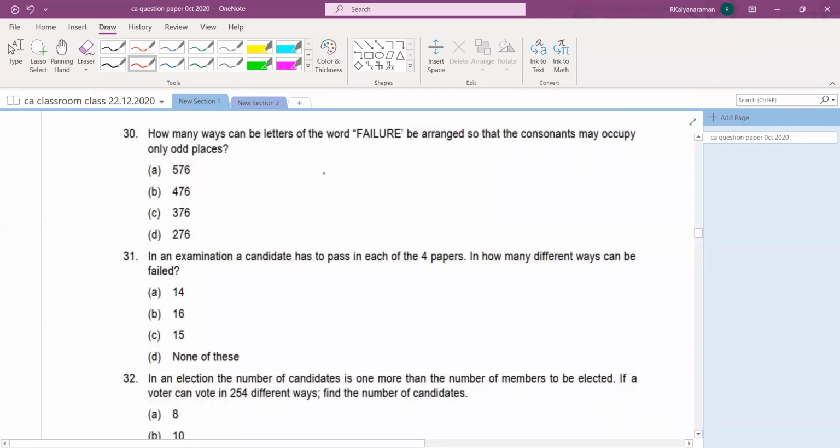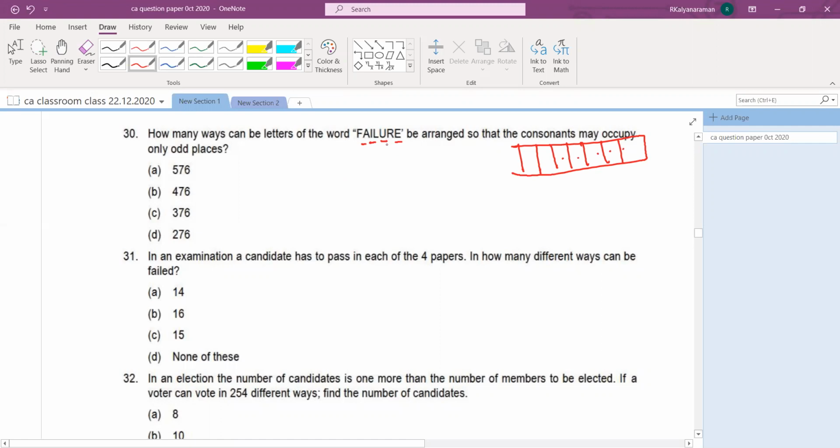How many ways can the letters of the word failure be arranged so that the consonants occupy only the odd places? The odd places means you have 7 slots: 1, 2, 3, 4, 5, 6, 7. The vowels are A, I, U, E, so 4 vowels are there and 3 consonants.